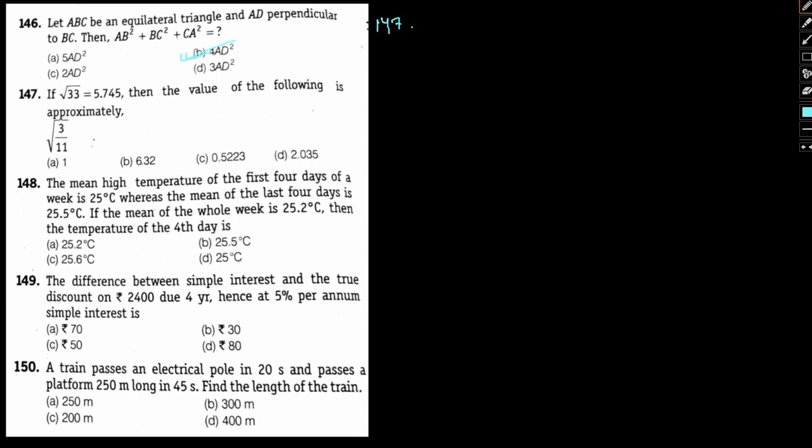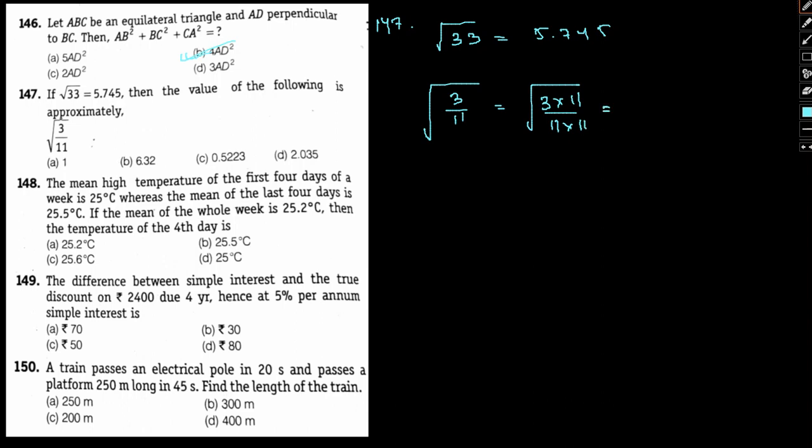It's given if root 33 is 5.745, then find the approximate value of root under 3 by 11. Okay, so we know root 33 is 5.745. So what we need to find is root 3 by 11. Let's multiply and divide by the denominator: 3 into 11 by 11 into 11.